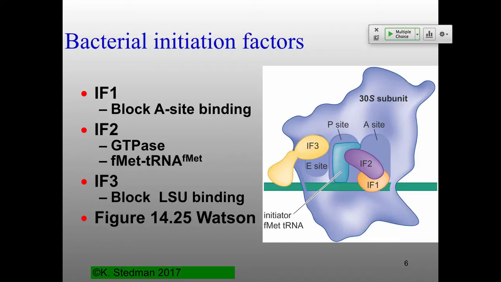So once you have that tRNA, your initiator tRNA, in the right position, then IF1, IF2, and IF3 come off, and then you can have the large subunit of the ribosome, and you're ready to translate. So that's translational initiation in bacteria.